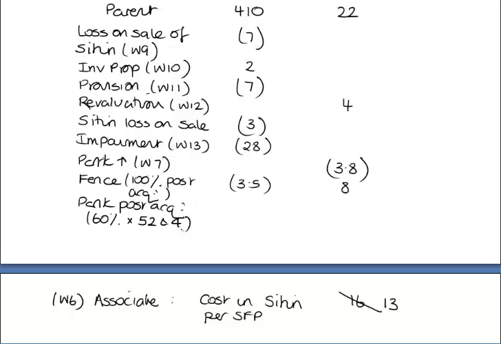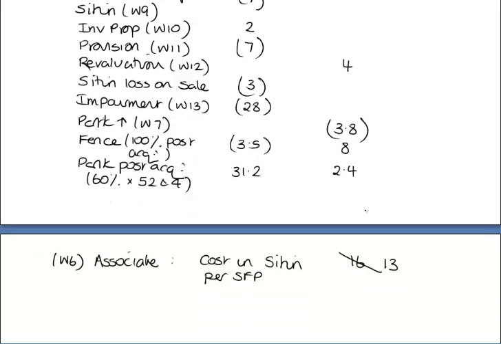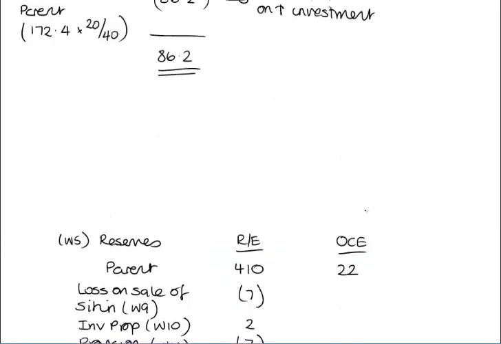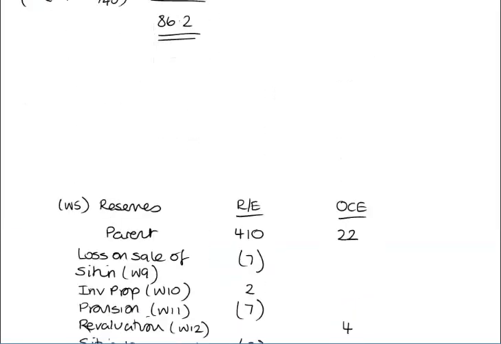So 52 times 0.6 is 31.2 and 2.4. So that has dealt with the OCE.